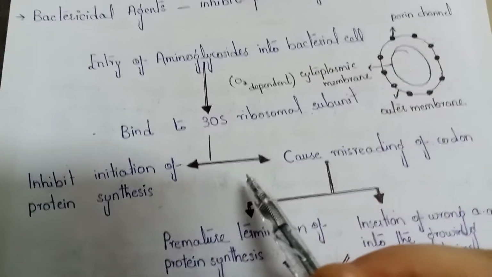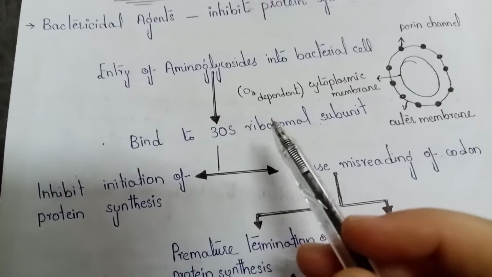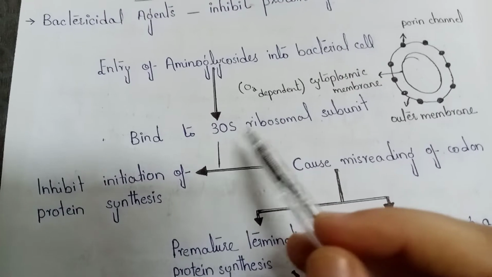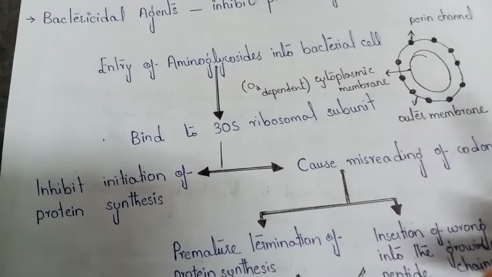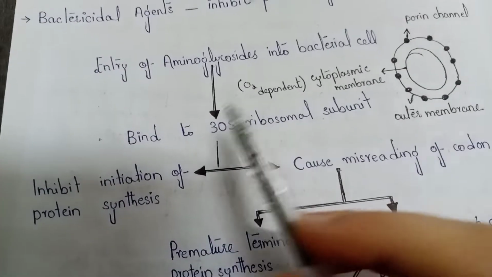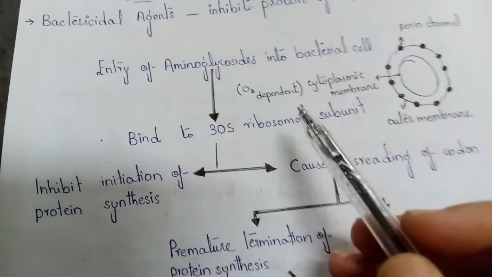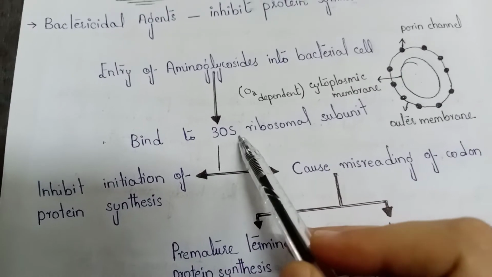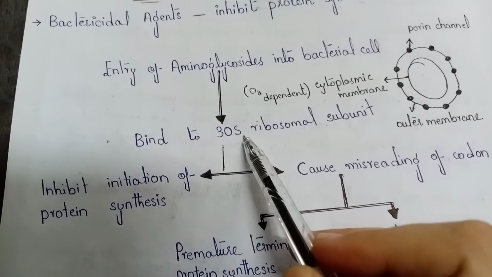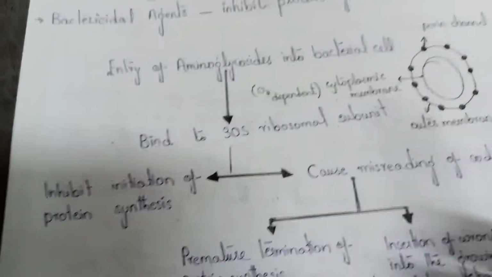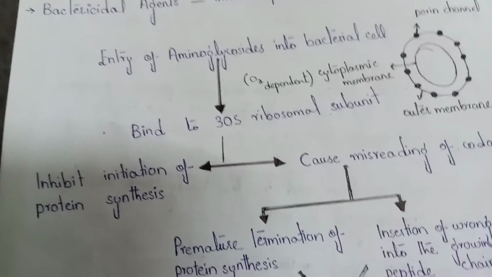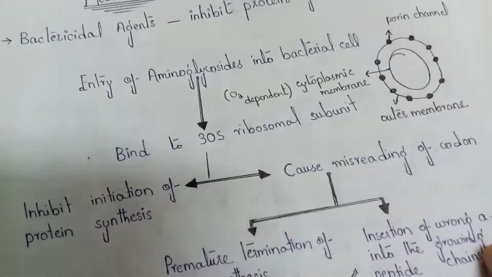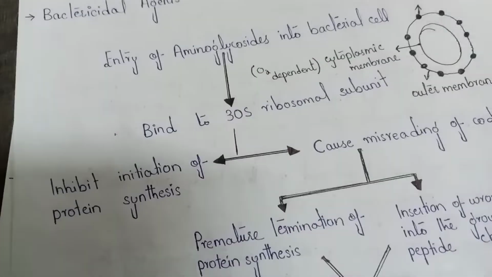I told you in my previous video, you have to remember it by "at 30 and cell 50". So tetracycline and aminoglycosides bind to the 30S ribosomal subunit, and the other ones bind to the 50S ribosomal subunit.